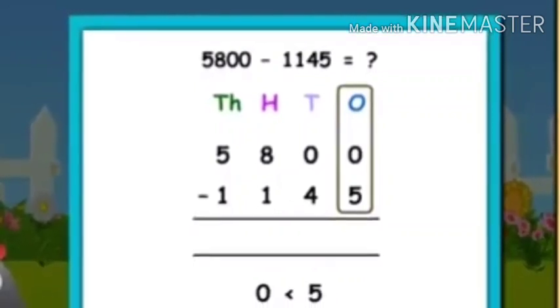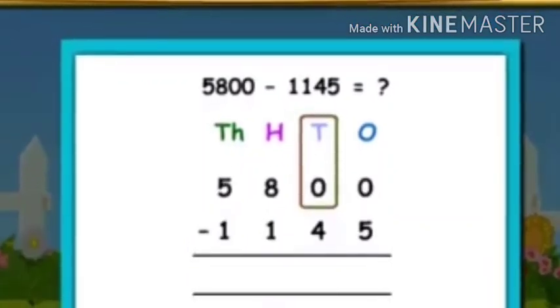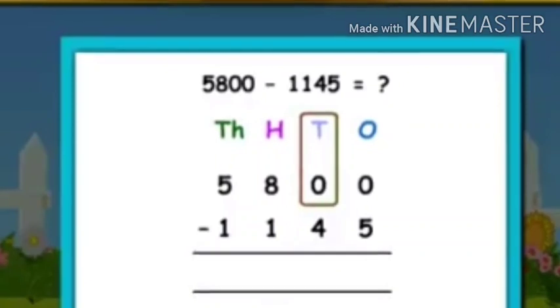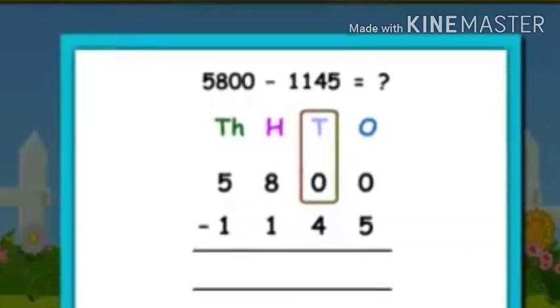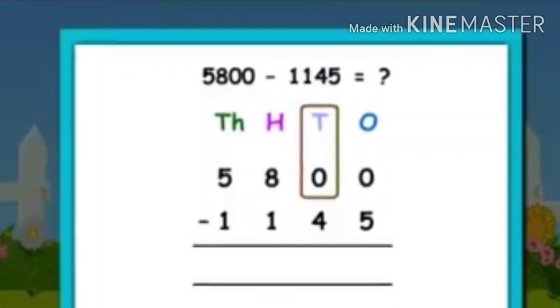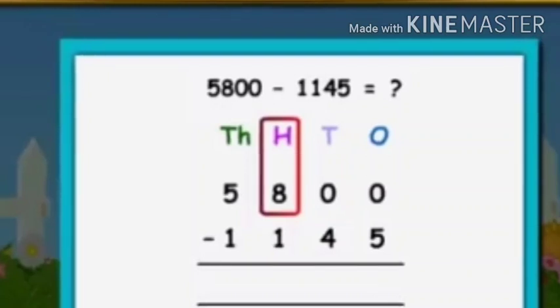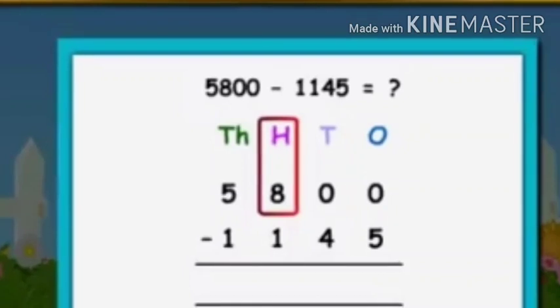So what will he do? He will ask his neighbor, and his neighbor is the tens digit. But that is also 0. So what will tens do now? Tens will move to his 100 digit neighbor, and that is 8. So 8 is now ready to give one number to his tens neighbor.